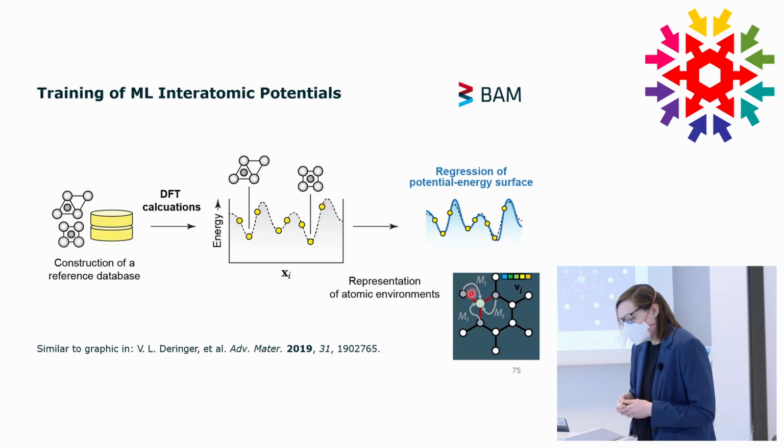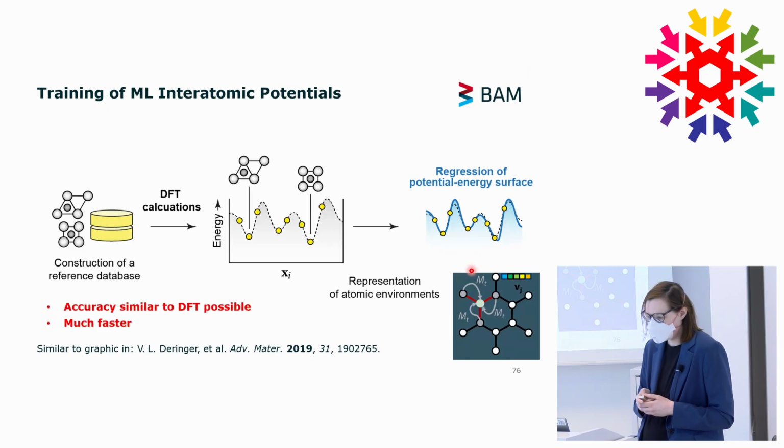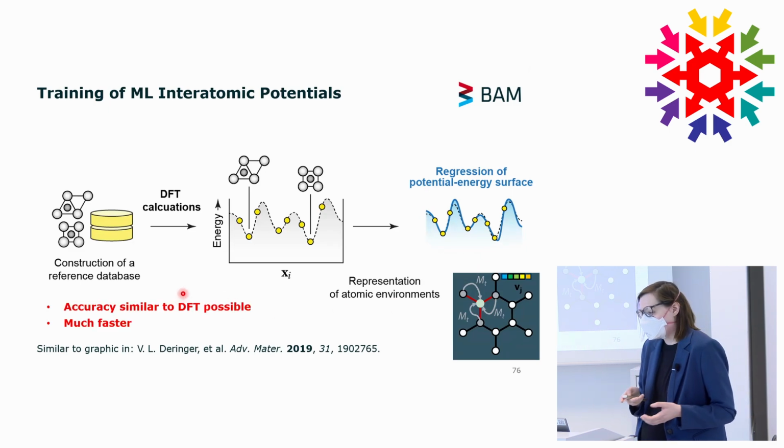And then, based on a certain representation of your atoms, you can then machine learn the potential energy surface. Very often, nowadays, graph-based machine learning models are used. Then we can reach an accuracy that is similar to DFT, but we are much faster.